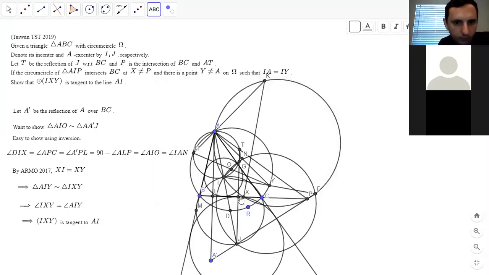So we have angle DIX is APC, which is A prime PL, which is 90 minus ALP.